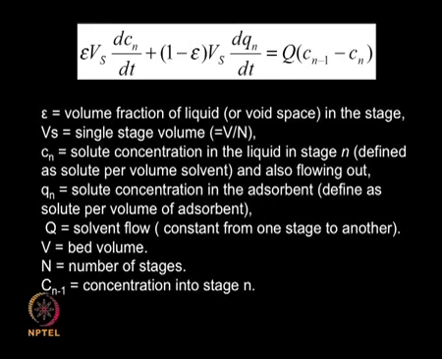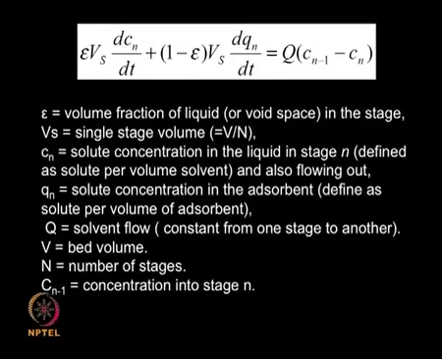Suppose there are N stages, the single stage volume will be V by N. We have to multiply by the voidage because you have solids also present inside, so epsilon is your voidage. So epsilon into Vs is the volume of the liquid space inside a stage, multiplied by dCn/dt. This is the accumulation of the solute in the liquid part inside a stage, plus there is accumulation in the solid part also.